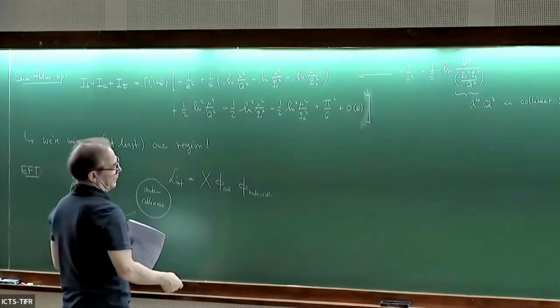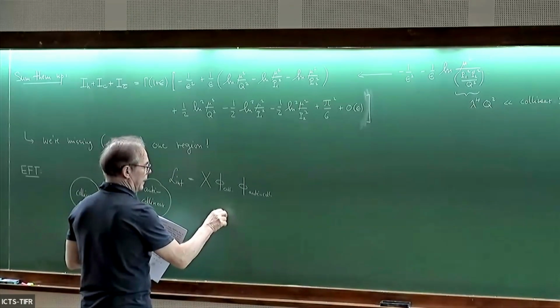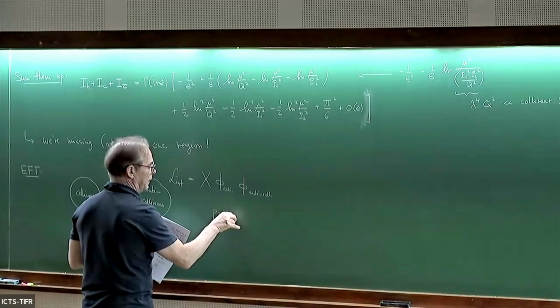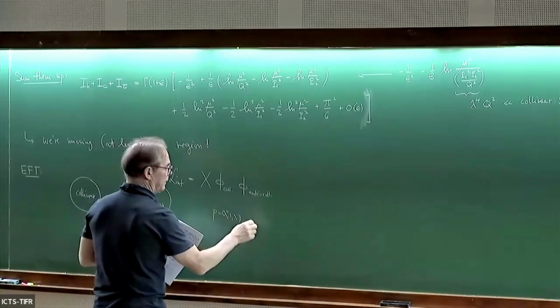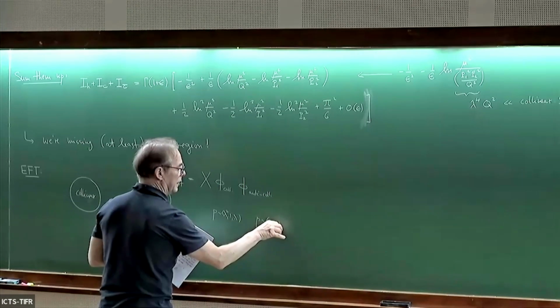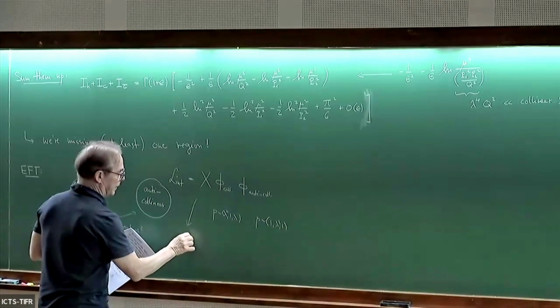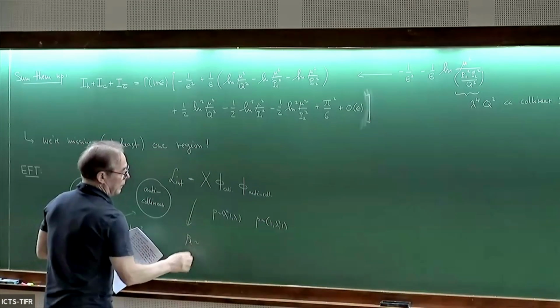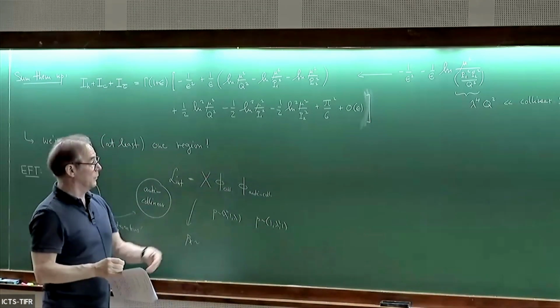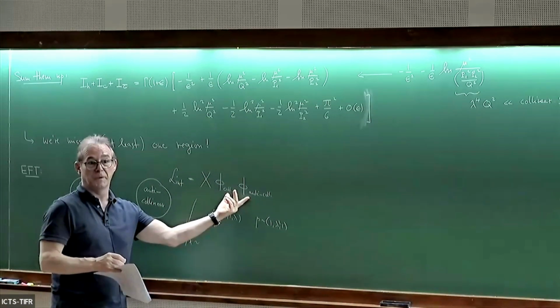We see that there is a problem because the collinear particles have momenta scaling like lambda square, 1, lambda. The anticollinear particles have momenta scaling like 1, lambda square, lambda. In such an interaction, by momentum conservation, the X particle would have to have the sum of the two momenta.